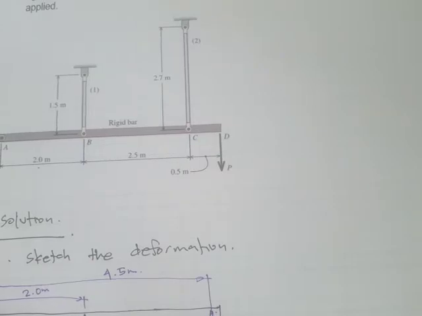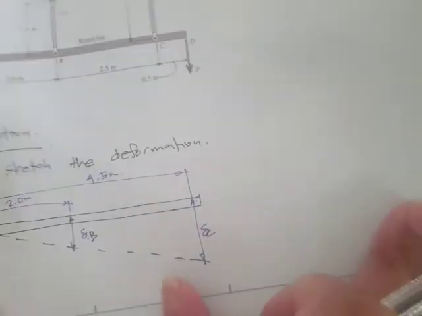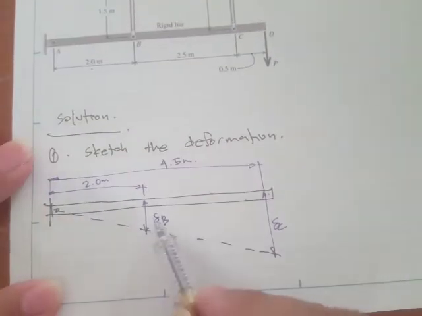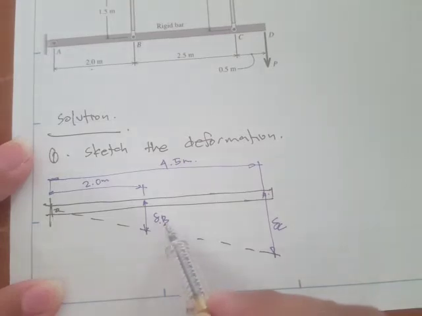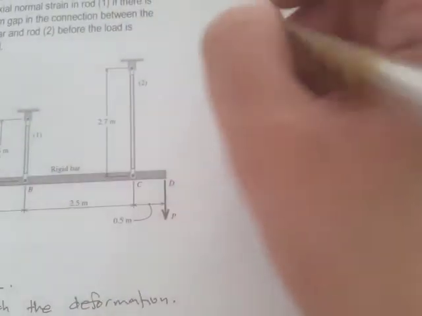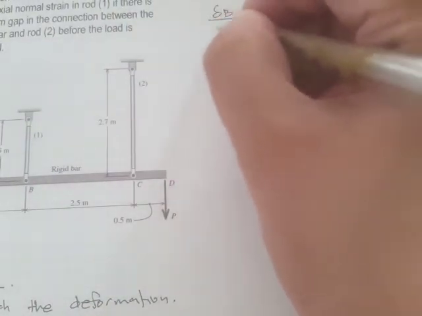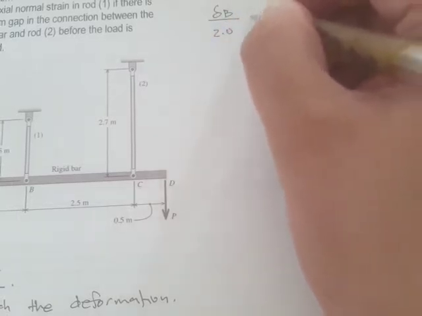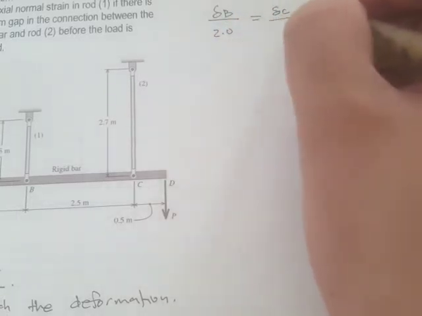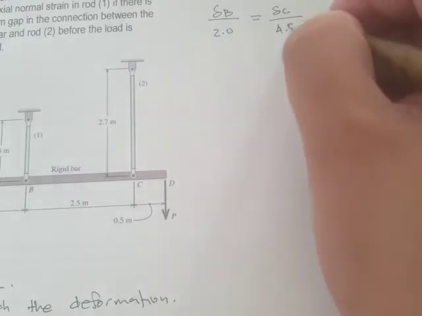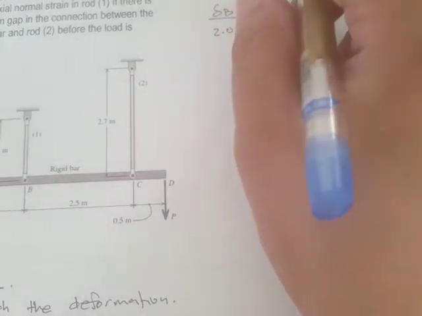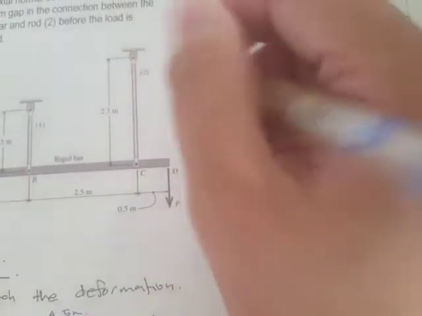Okay, so since they have the same angle, it's simply delta B over the length 2.0 is equal to delta C over the length of 4.5.